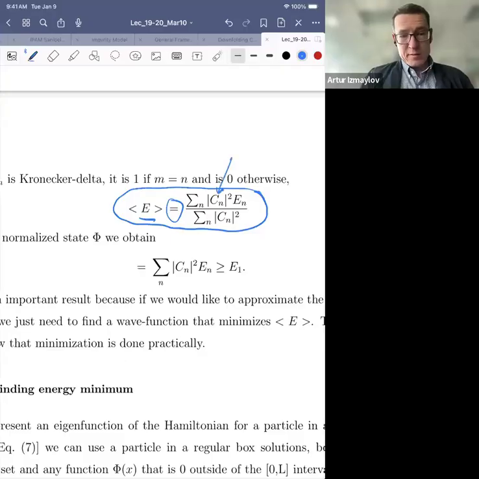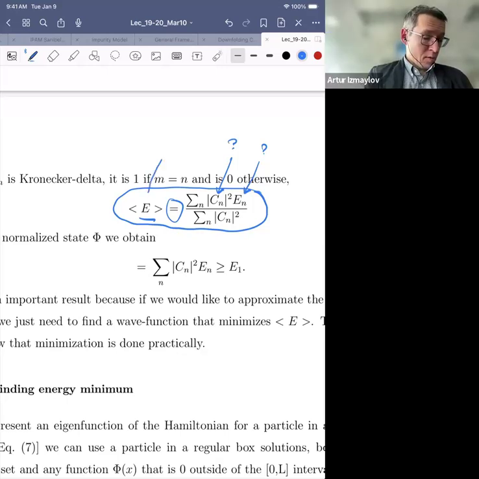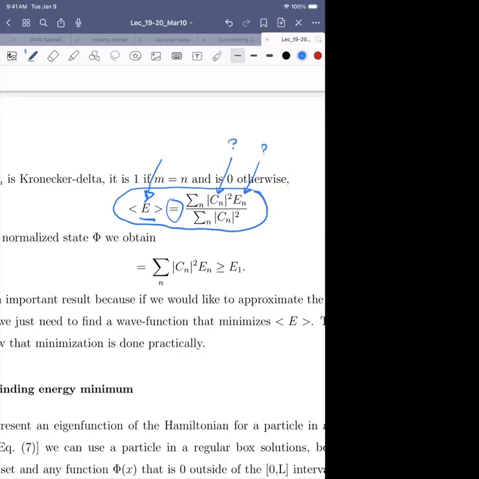Anybody can tell me what the Cn's are and what the En's are. Is Cn the probability density and En the energy? Well, isn't this symbol the energy? Isn't that the average energy?